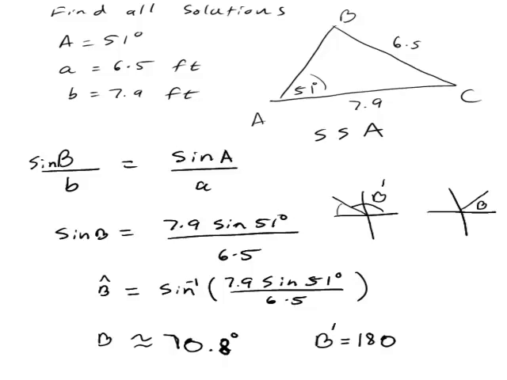Okay, so now I need to go find B prime. And so how do I find B prime? Well, I notice that this piece right here, that's my reference. And so I take 180 minus the reference, which is the same as B, so 70.8 degrees. And I find that my second angle is going to be approximately 109.2 degrees.